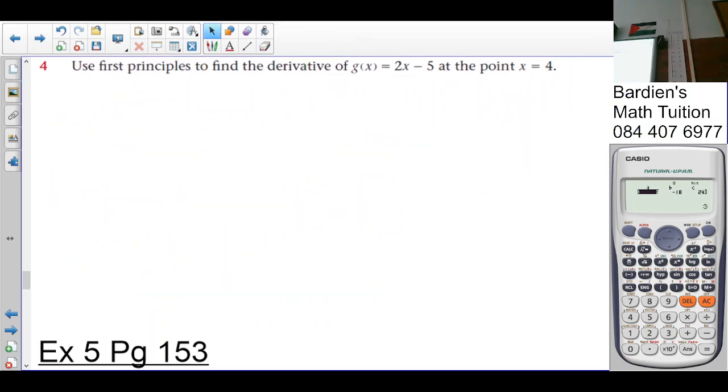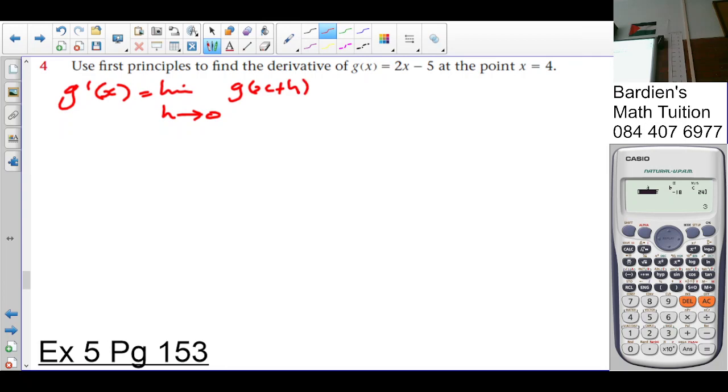You'll see, use first principles to find the derivative of g of x at the point x equals 4. So what you must note here again, same story. First derivative. So g prime of x equals the limit as h approaches 0 of g of x plus h minus g of x all over h.